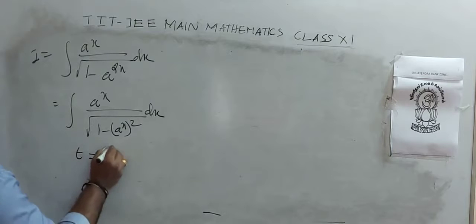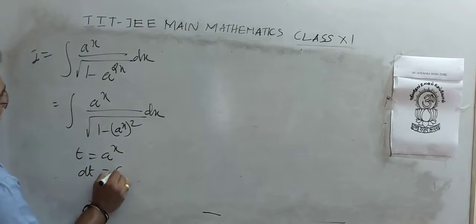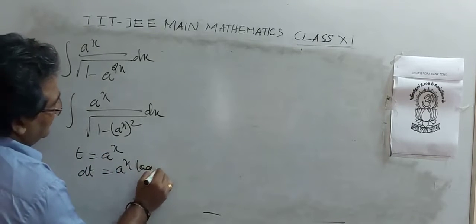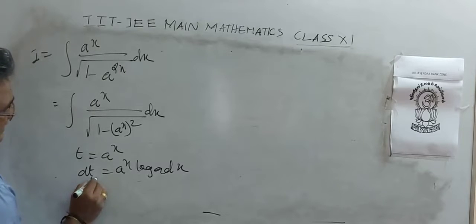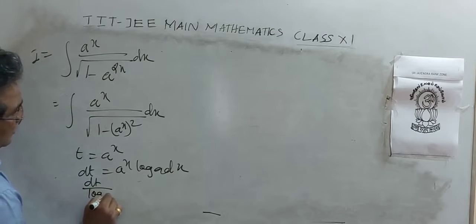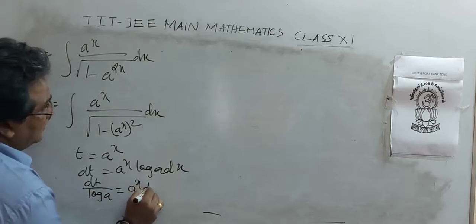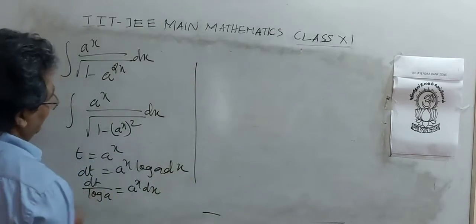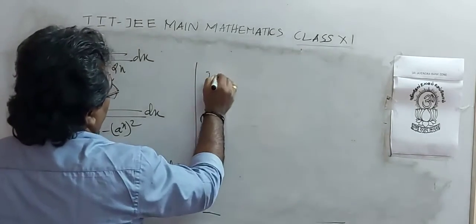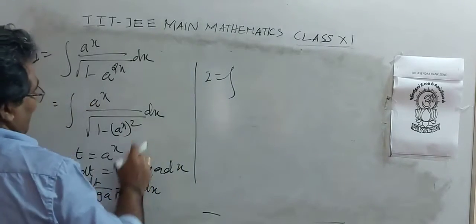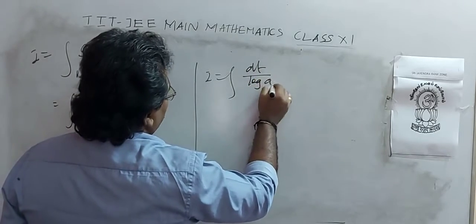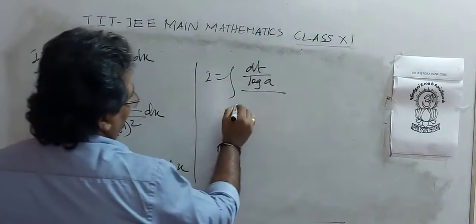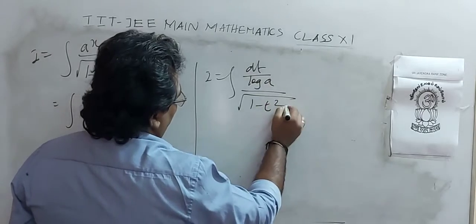You take t equal to a power x, dt equal to a power x into log a dx, dt by log a equal to a power x into dx. So I equal to, in place of a power x dx, you can write dt by log a, root of 1 minus t squared.